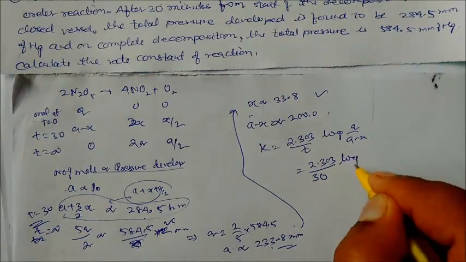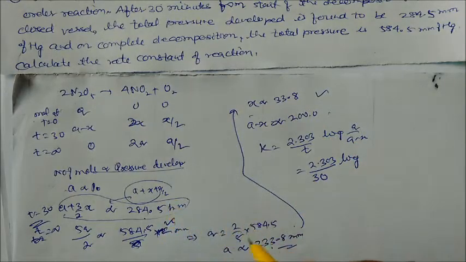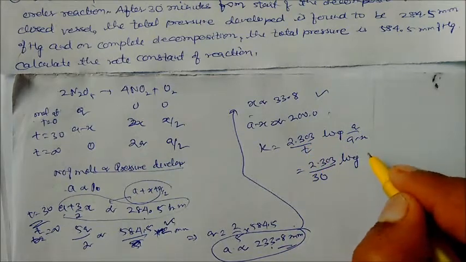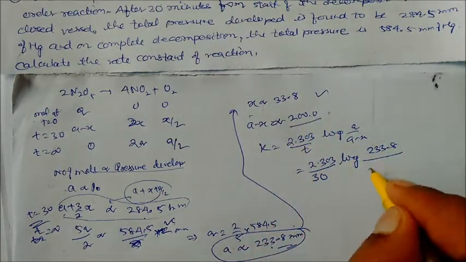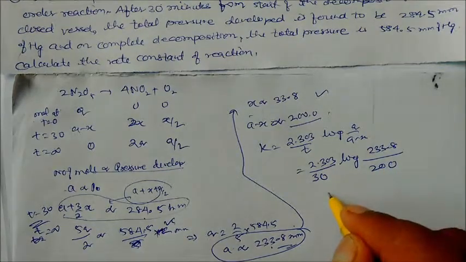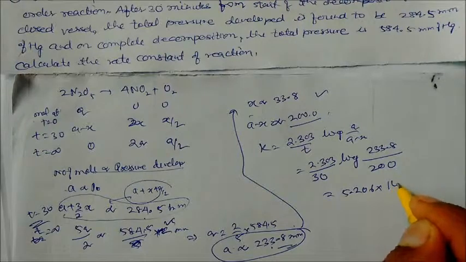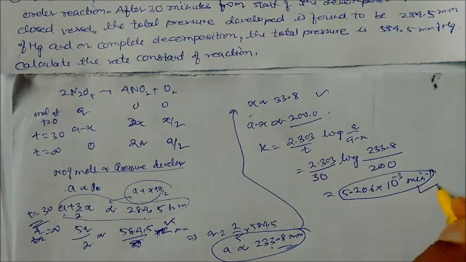This is log of a divided by a minus x. So a is given how much? So a is again we calculated, that is 233.8. So this is the a value. So here you put the a value here, 233.8, and a minus x is 200 divided by 200. So on solving we will get here 5.206 into 10 to the power minus 3 per minute. So this is the answer.